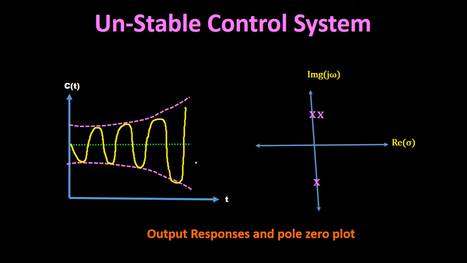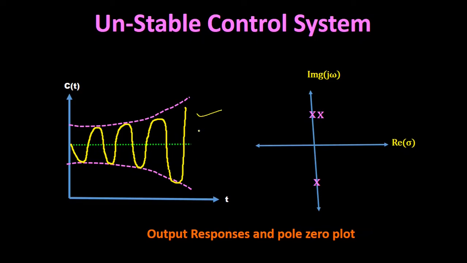And the third signal is when one pole is lying on the negative j omega axis and two repeated poles lying on the positive j omega axis, then the response of the system will look like this. It will be oscillations of increasing amplitude.